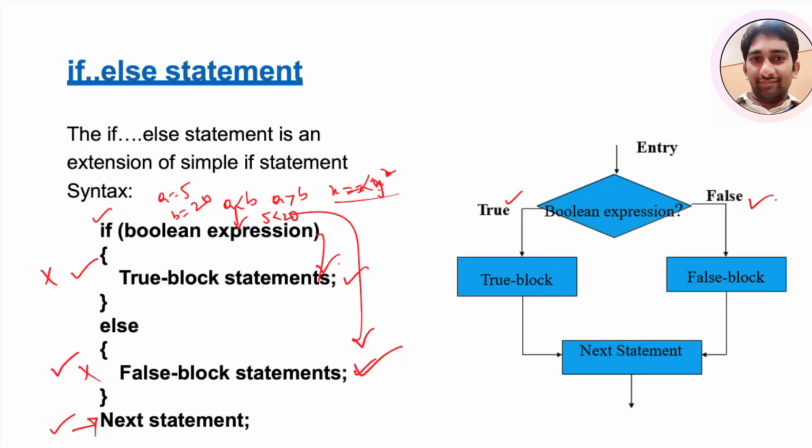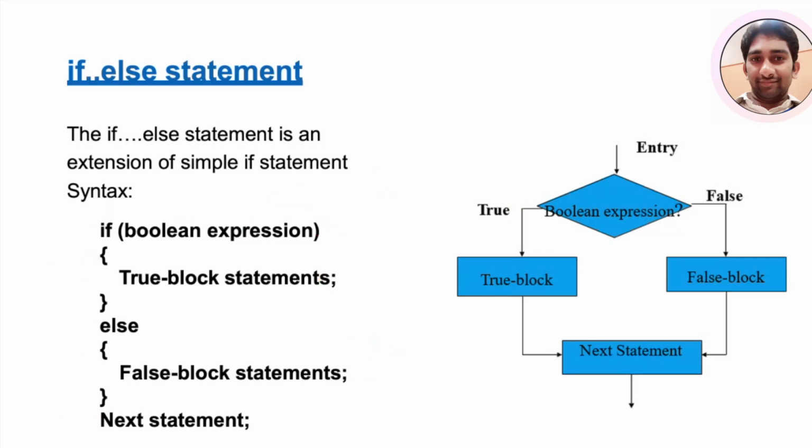There is no third option of directly going to the next part of the program, because a Boolean expression has only two values, either true or false. So that is your normal if else statement.